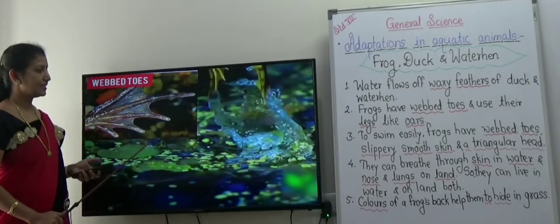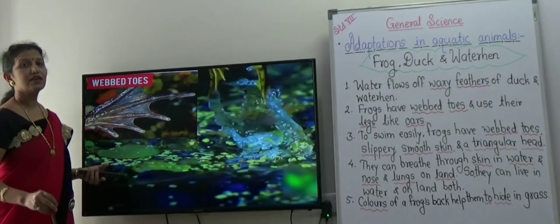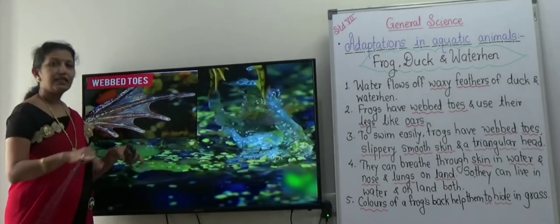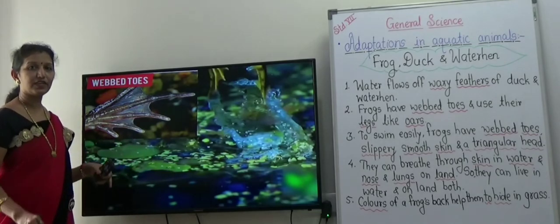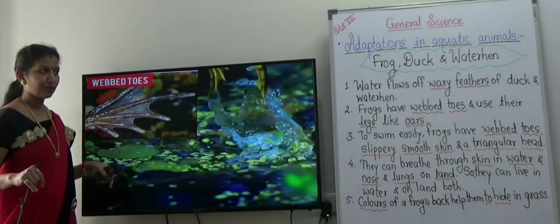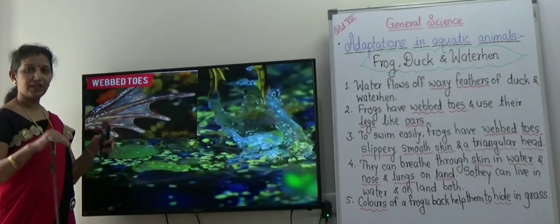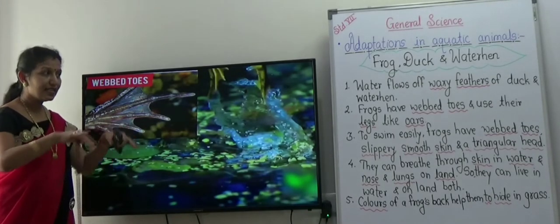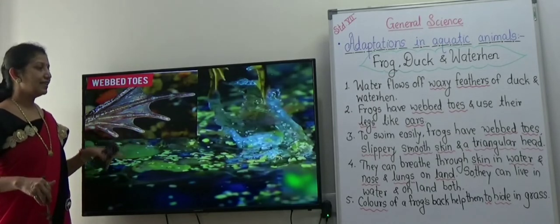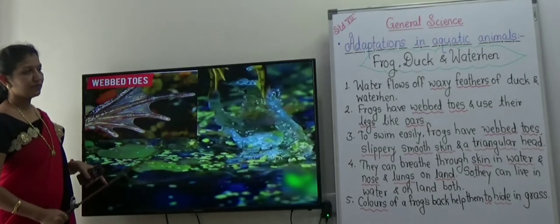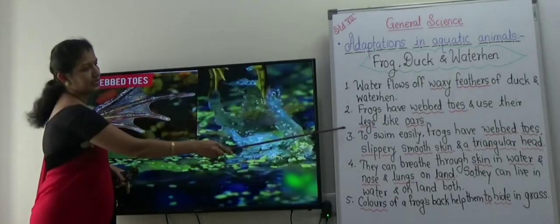They use their legs, their feet, their toes as oars, like a sailor. When a sailor sails his ship in water, what does he do? He sails it with the help of oars, and like that the movement of the frog's feet is also like oars.